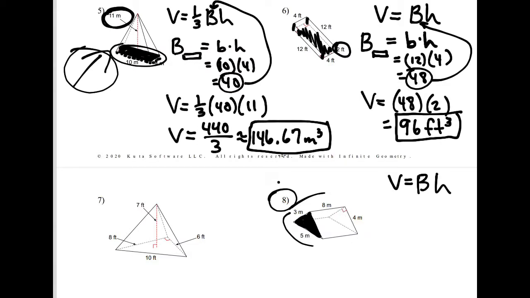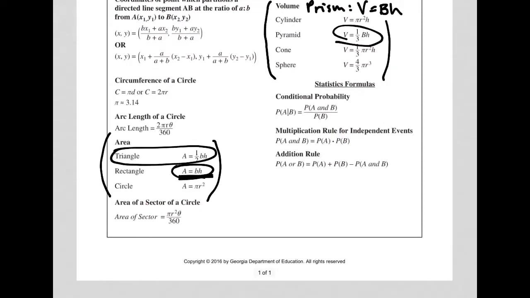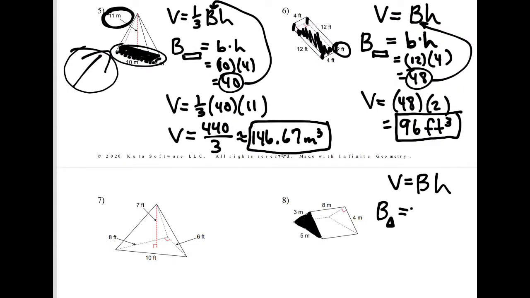So remember, we have to actually find the area of that shaded region. So we know our big B is a triangle, and to find the area of a triangle, if we look at our formula sheet again, the area of a triangle is 1/2 little b times h for that triangle. So 1/2 little b times h.